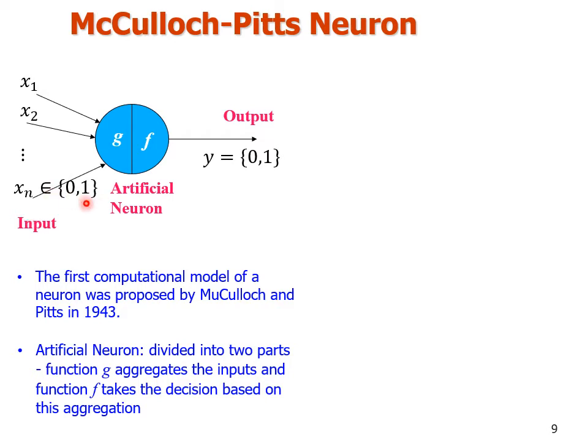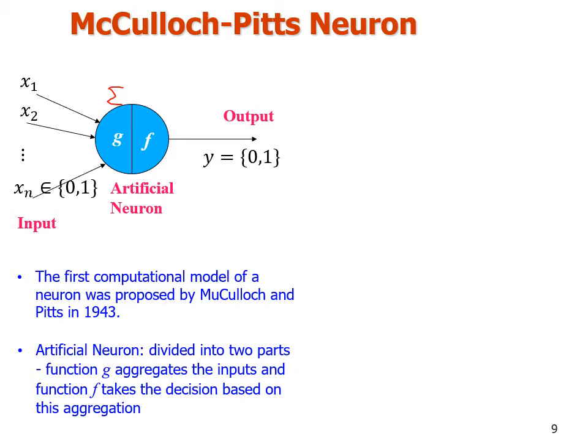So the artificial neuron is having two parts. The first, the aggregate function g, actually collects those inputs, and based on this aggregation, the function f actually makes the decision.